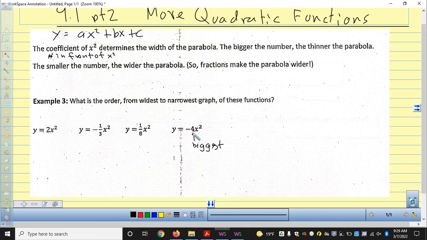So the one with the 4 here is going to be the widest. And here we have a 2. That's smaller than 4. But these are fractions, so these are going to be even smaller. So this is going to be the second widest.